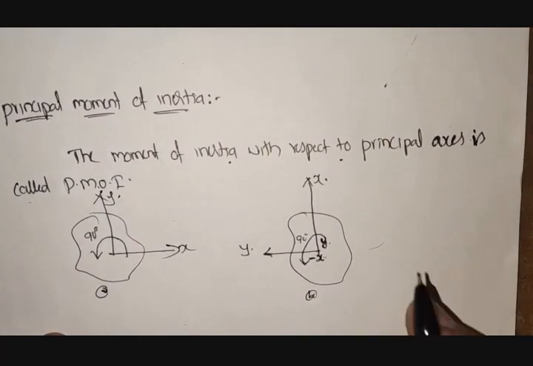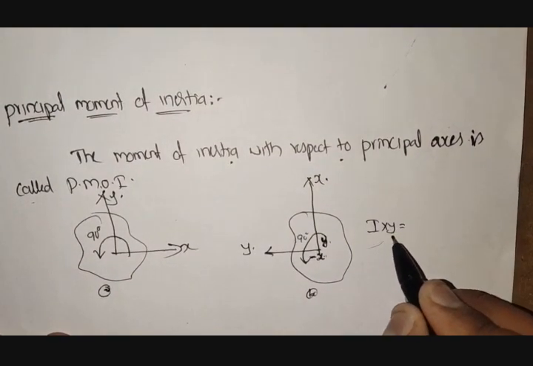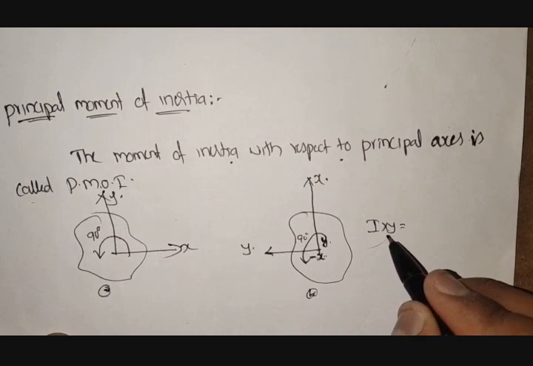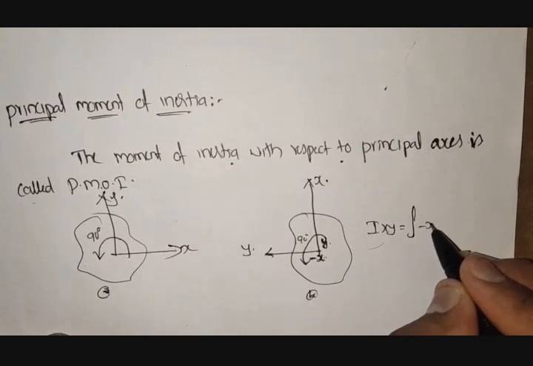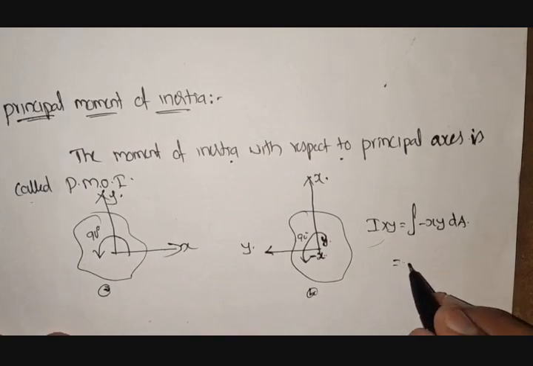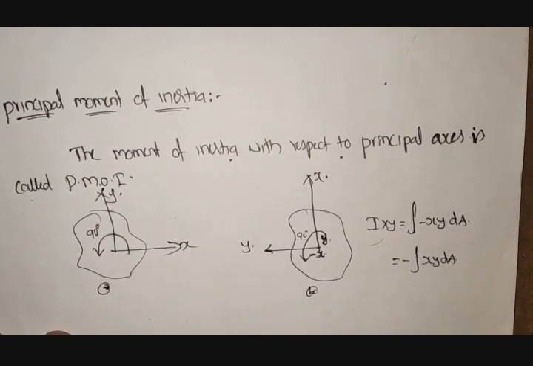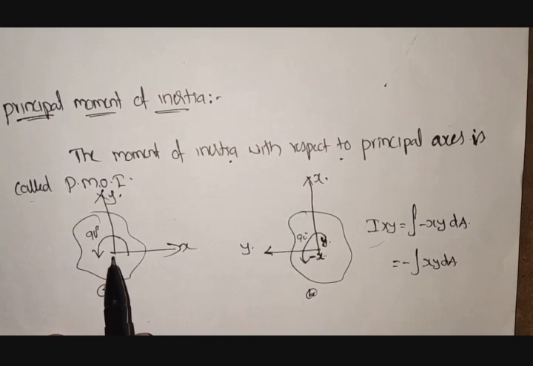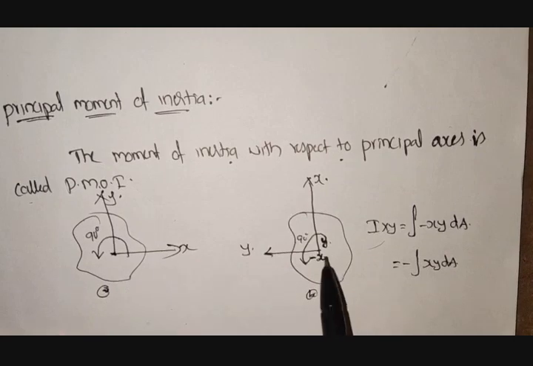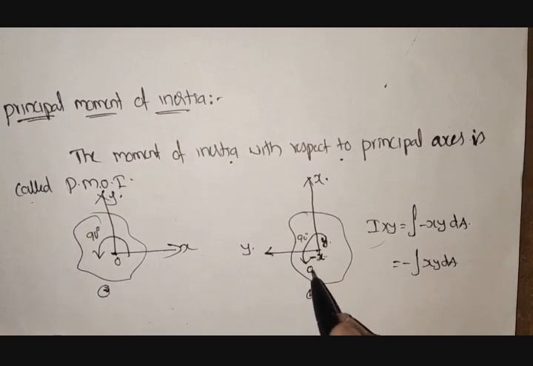The product of inertia for this condition becomes Ixy equal to the integral of minus x into y dA, so minus integral xy dA. This is when the section has rotated from 0 to 90 degrees.